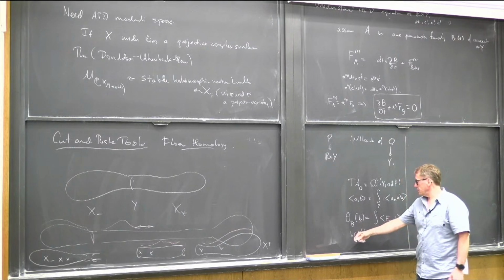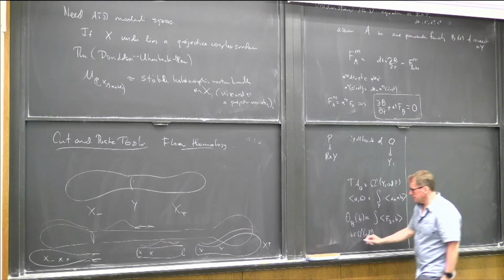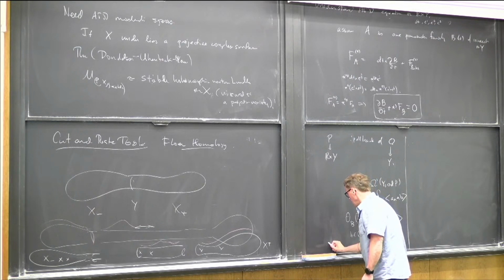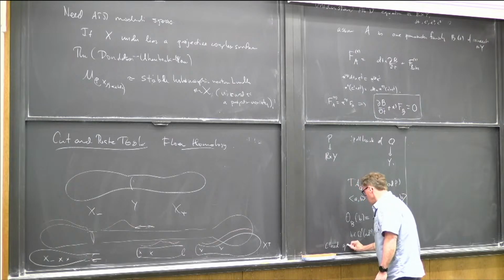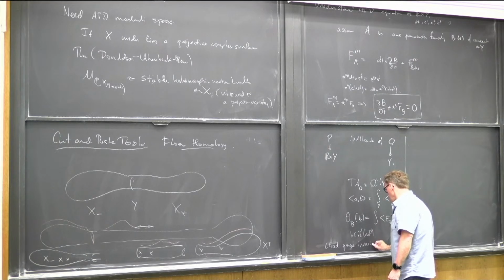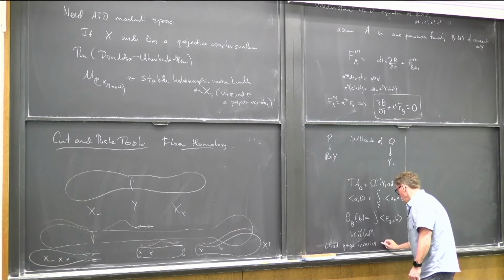So this assigns to every tangent vector a number, and this is a closed gauge invariant one form.